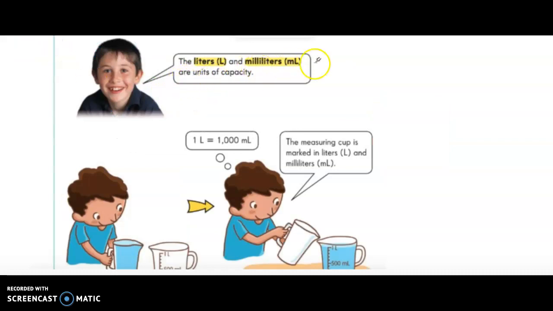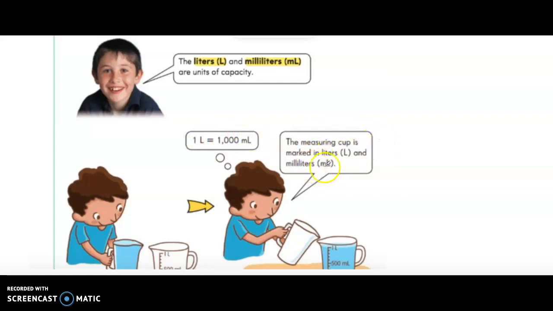So the liters and milliliters are units of capacity. If we take a look at this picture down below, he has a container full of water and he is pouring that into a measuring cup. So if you've been home and doing any sort of baking, this should look very familiar. So he is thinking, okay, 1 liter equals 1,000 milliliters.